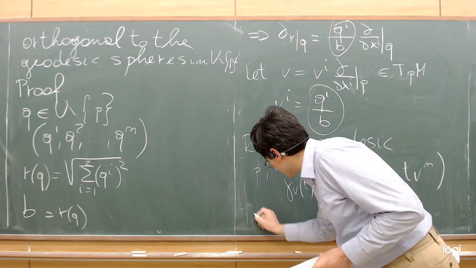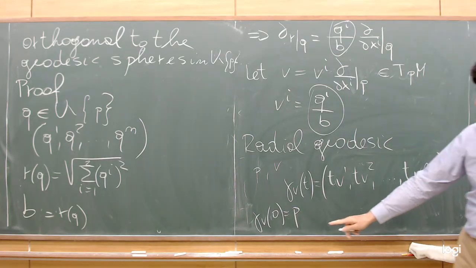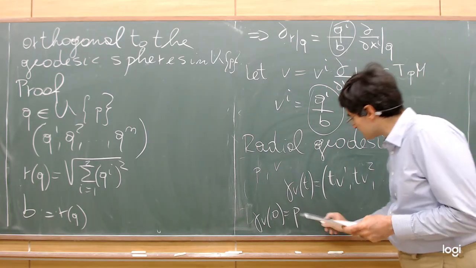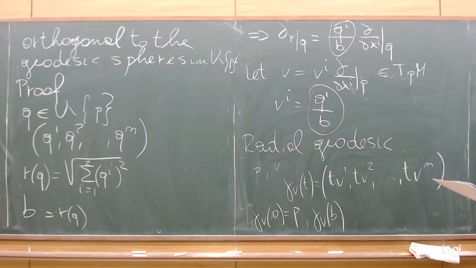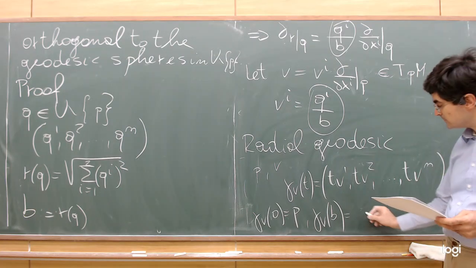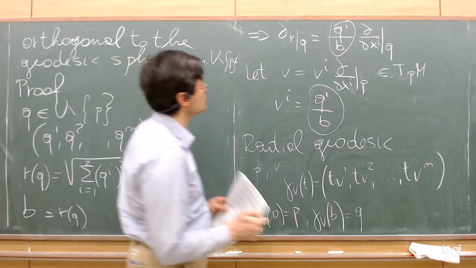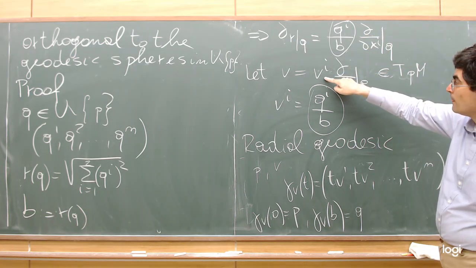So besides the fact that gamma_V(0) is P, because if t is 0 we get 0, 0, 0, 0, which are the coordinates of P, we have also that gamma_V(b) is exactly Q, because b appears in the expression of Vi.